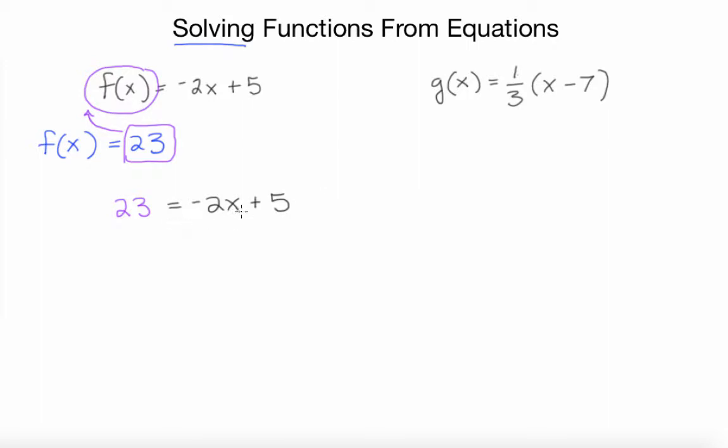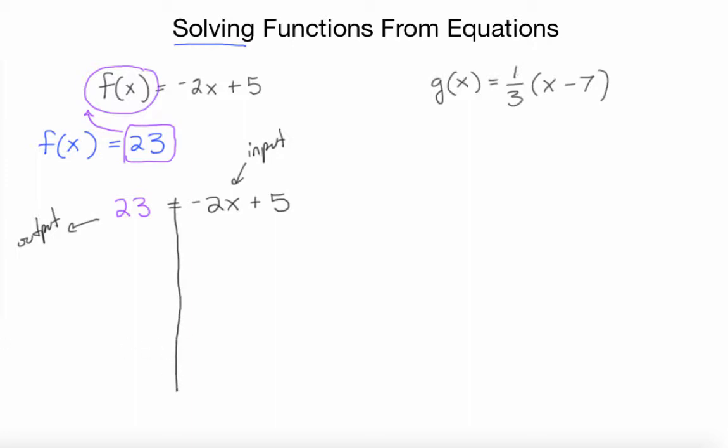There you go. Do you see the x is still unknown, my input value? I still got to solve it. But if I take that x value, multiply it by negative 2 and add 5, I should get an output value of 23. And that's what we're going to solve. So we're going to solve this thing out. We're going to do some algebra.